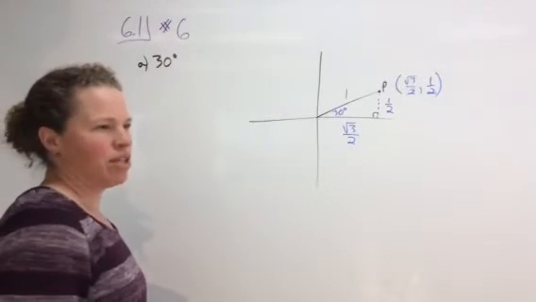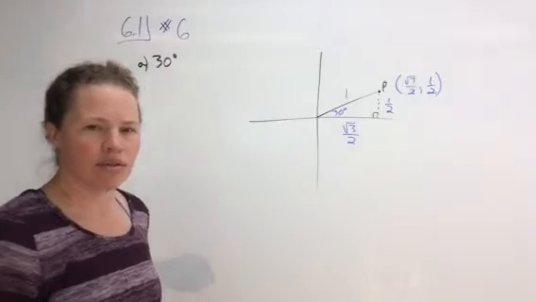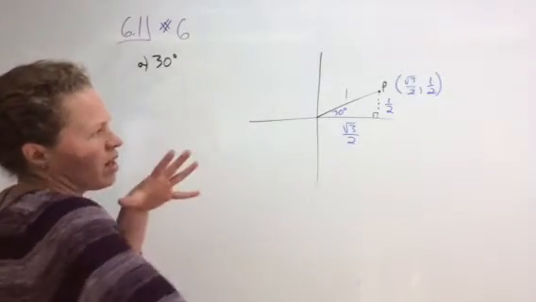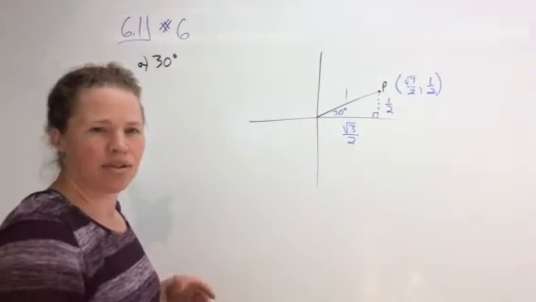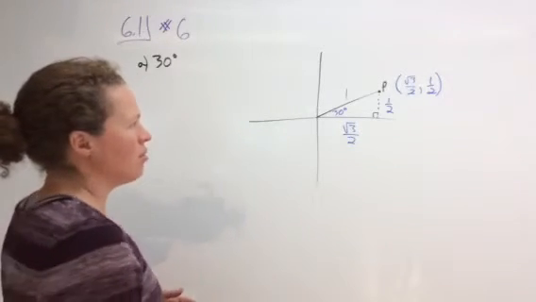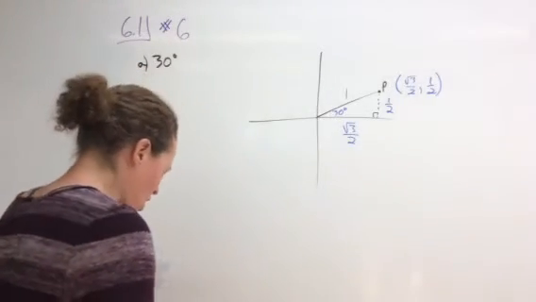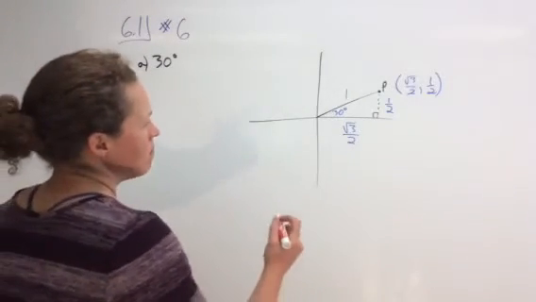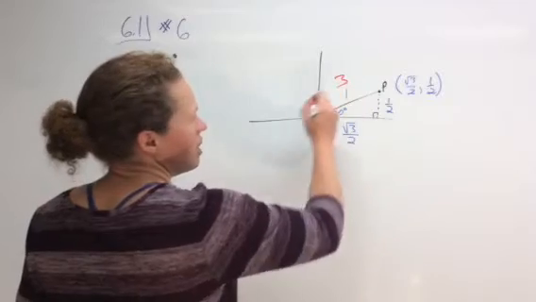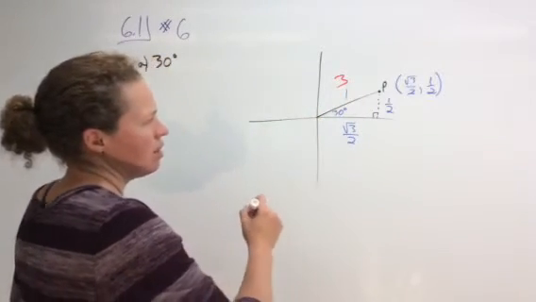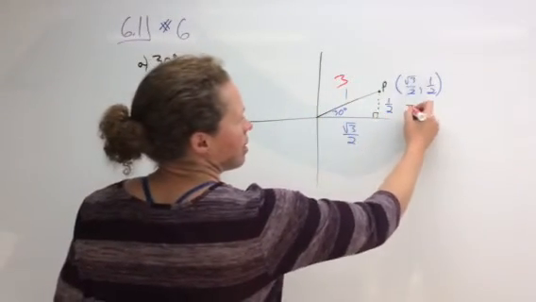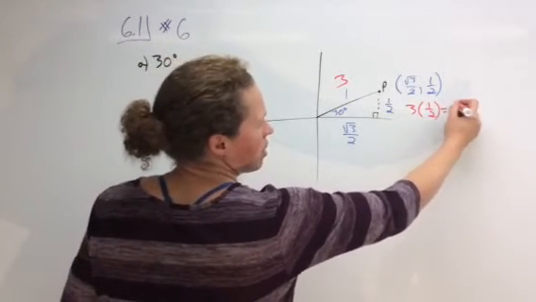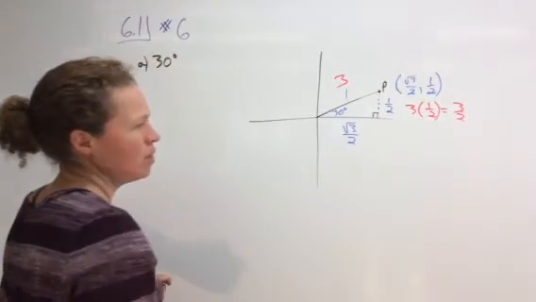But they're kind of expecting you to choose a different value for r. And what happens then is it's like you're just blowing that same triangle up by a certain value. So say, for example, you chose to make your r 3. So if this were 3 instead, then I would be multiplying this by 3 to get my new coordinate, which would be 3/2.